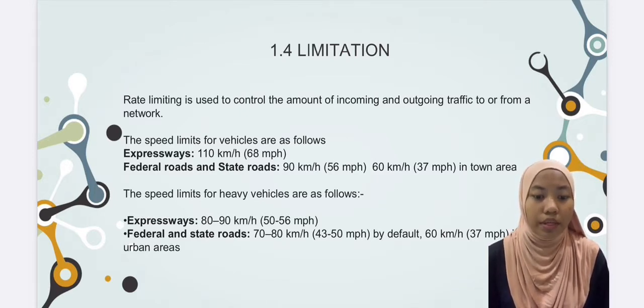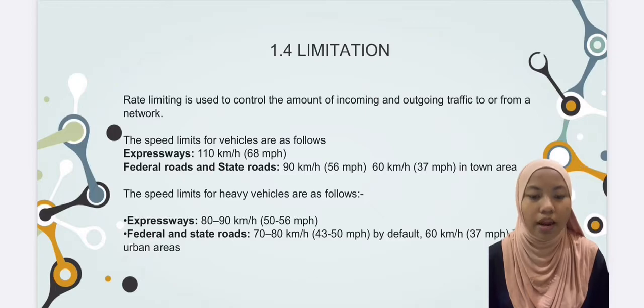The speed limit for heavy vehicles is Expressway 80 to 90 km/h and Federal and State Road is 70 to 80 km/h, and lastly is 60 km/h in urban areas.